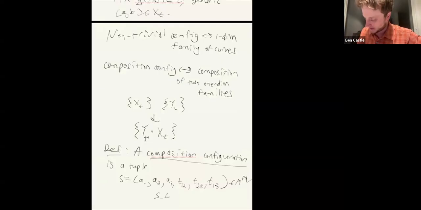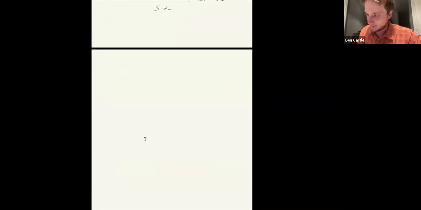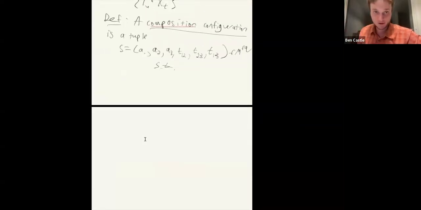such that, and now we have a similar list of properties. I'll draw a picture at the end, which should hopefully make it clear. So one is that (A1, A2, T1,2) and also (A2, A3, T2,3) should be non-trivial configurations.